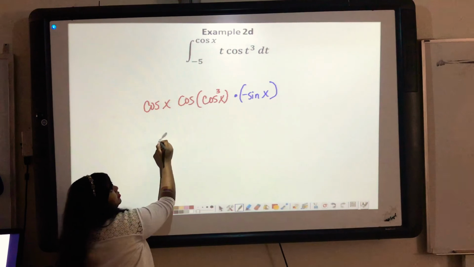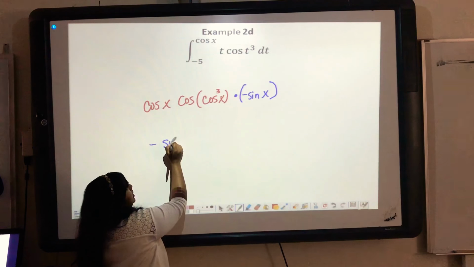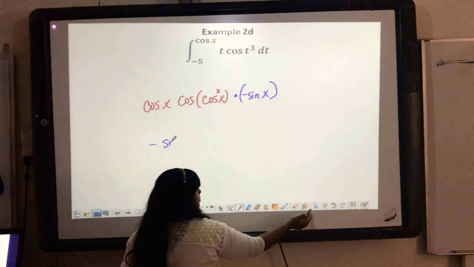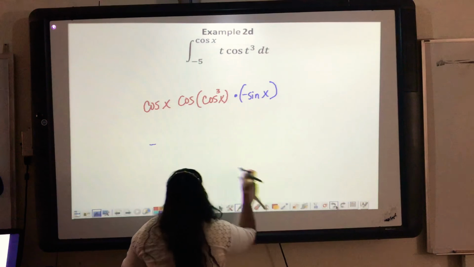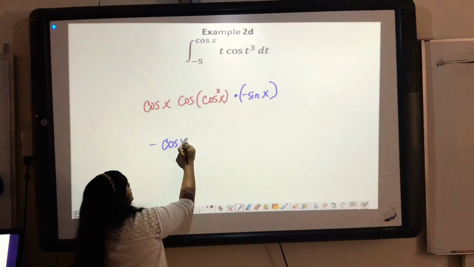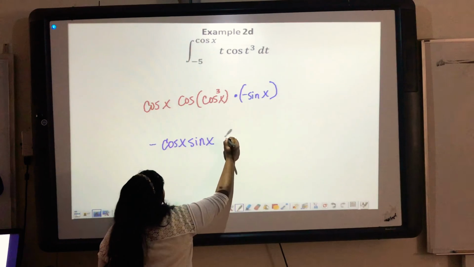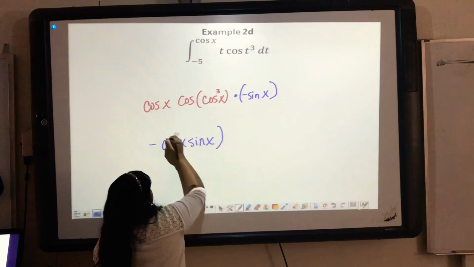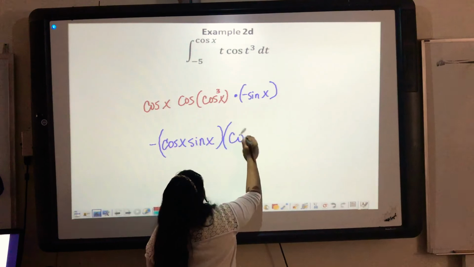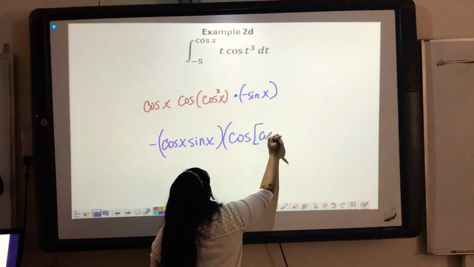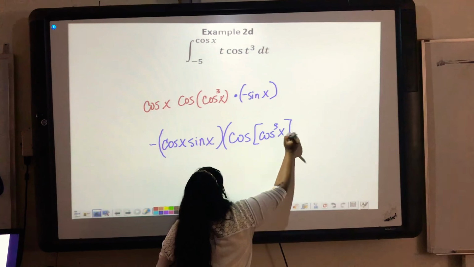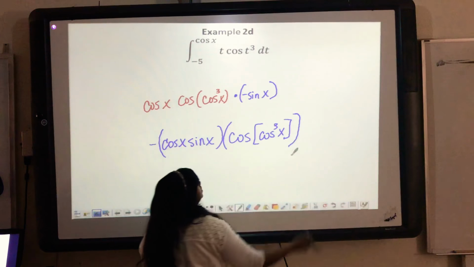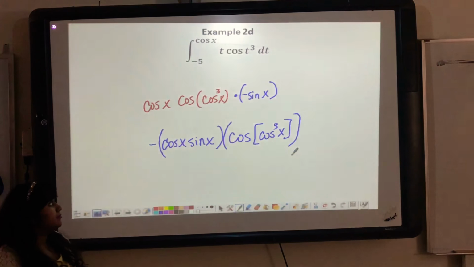So if I put that across, I'm gonna write it like this, negative cosine x sine x, and then I'm just gonna put that like this, times cosine of cosine cubed x. Woo! That's a funky looking one.